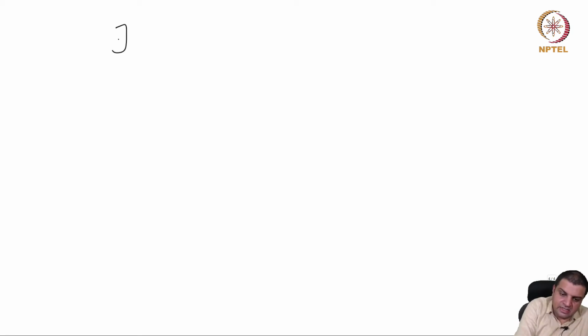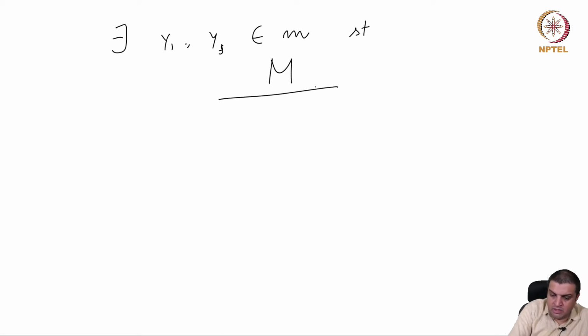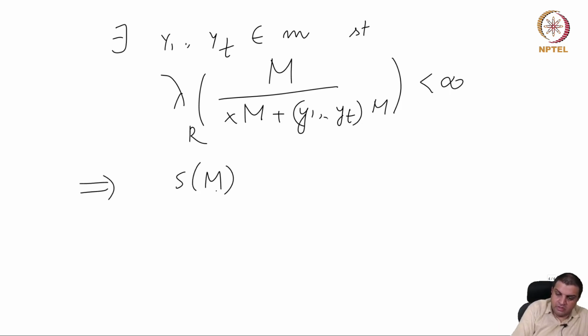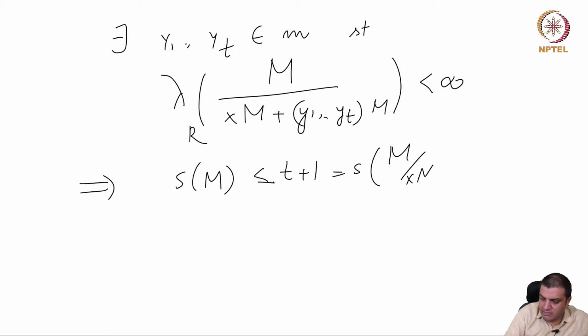It says that there exist some y1 through yt inside the maximal ideal such that M mod xM plus y1 through yt times M has finite length. Okay. So this now means that s(M) cannot be longer than this, which is t plus 1. This is s of M mod xM plus 1.